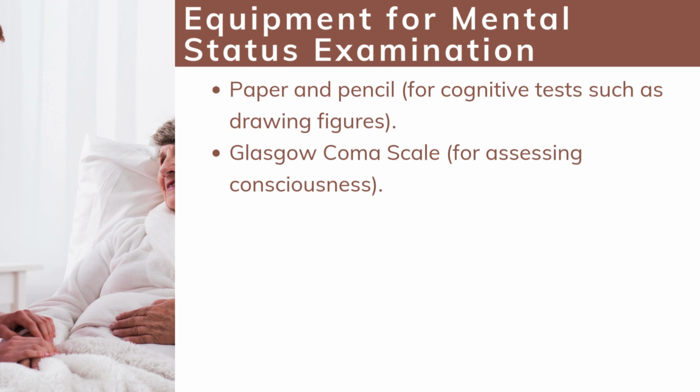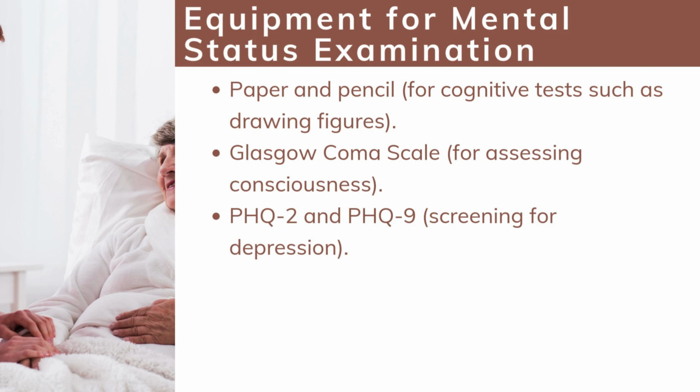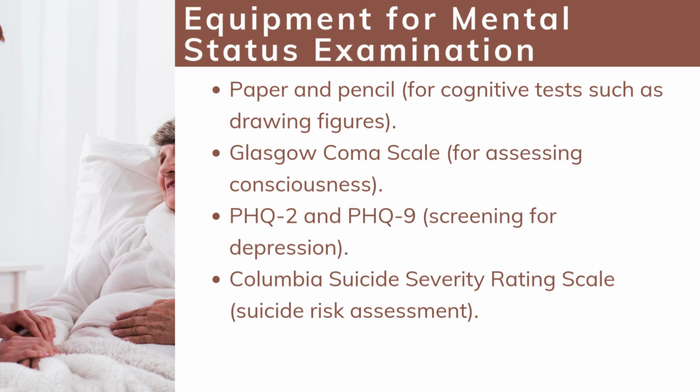This assesses the level of consciousness using eye, verbal, and motor responses. The PHQ-2 and PHQ-9, which are used for depression screening. The Columbia Suicide Severity Rating Scale could also be used to evaluate suicide risk in patients.